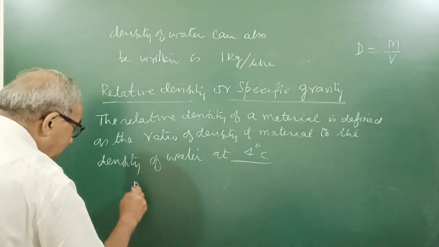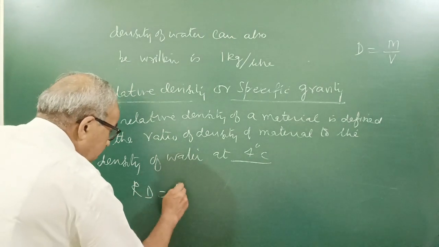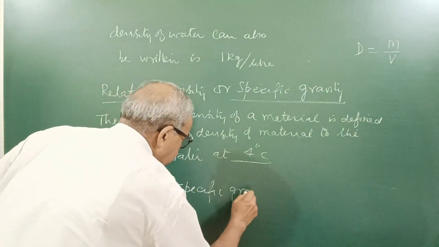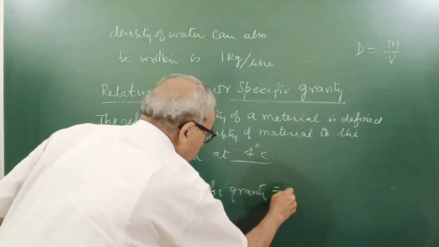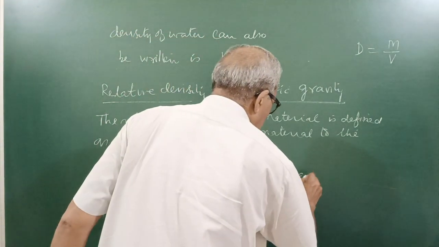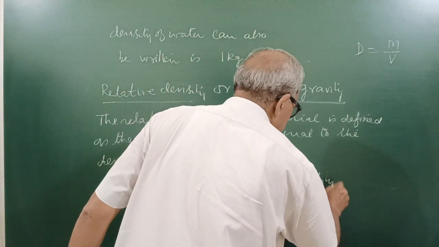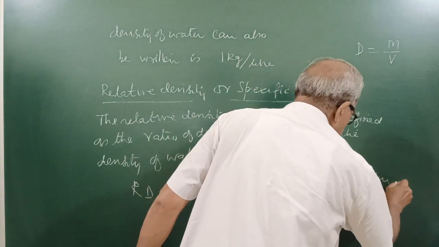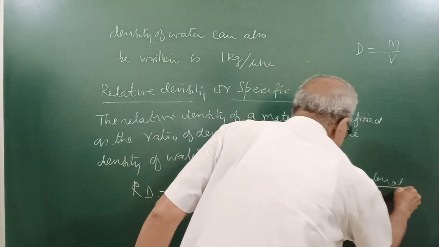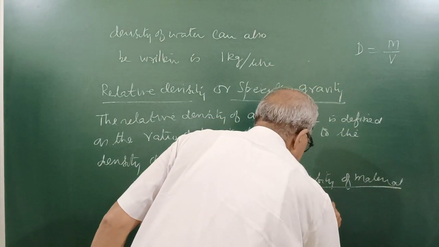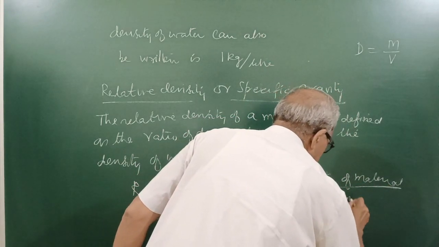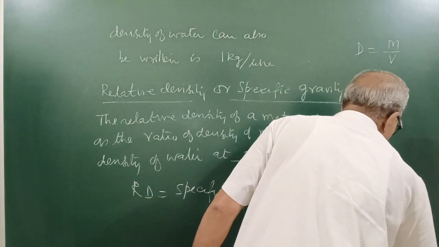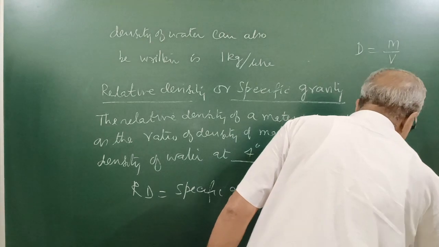And therefore RD, that's RD or specific gravity, equal to density of material or body divided by density of water at 4 degrees centigrade.